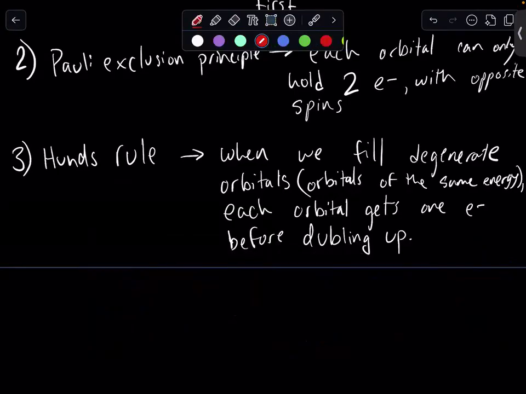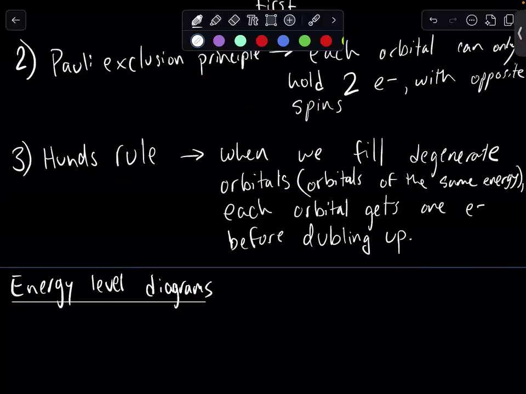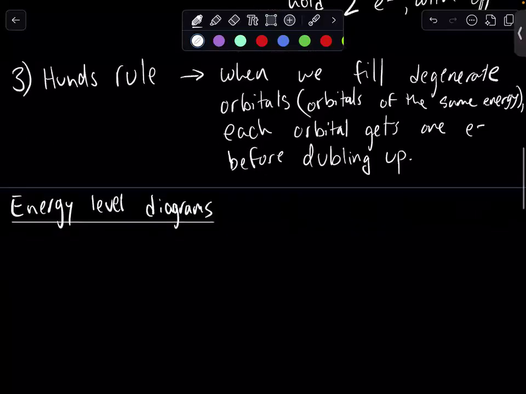As we move forward, the first thing we need to do is figure out what energy each orbital has. So we're going to use what we call energy level diagrams. We already did energy diagrams with each main energy level, 1, 2, 3, 4, 5, 6, and so on.